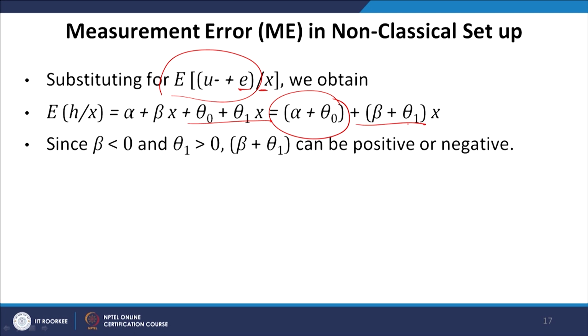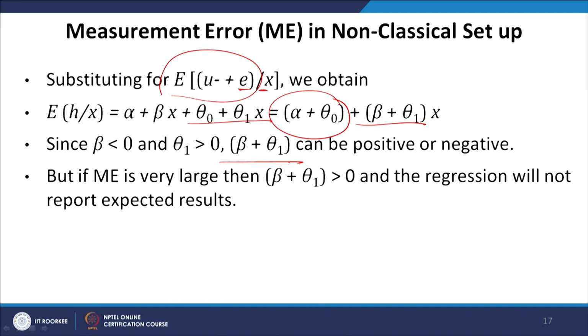Since beta is expected to be less than 0 and theta 1 is greater than 0, beta plus theta 1 can be either positive or negative. But if measurement error is very large, then we expect theta 1 to be large, and as a result the mod value of beta could be less than the mod value of theta 1, and as a result beta plus theta 1 will be greater than 0.